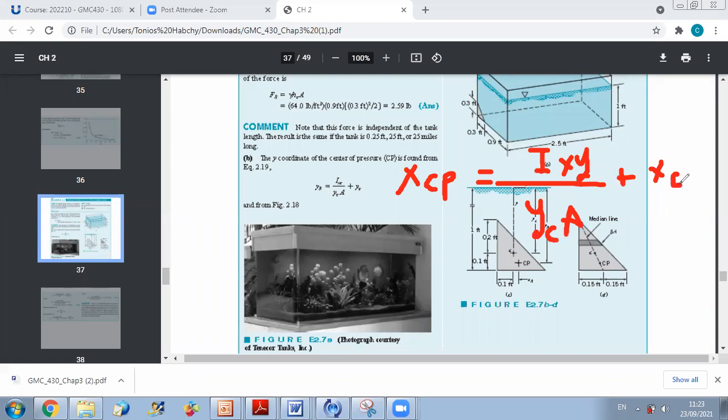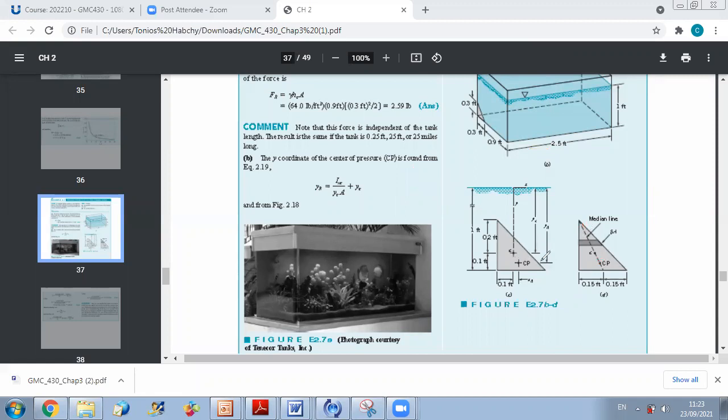you can, because it's a triangle, use the property that your center of pressure will be on the median line. So as long as you determined YCP, and you know that your center of pressure will be on the median line of your triangle, then you can locate your center of pressure, because it will be the intersection of the line at YCP and the median.